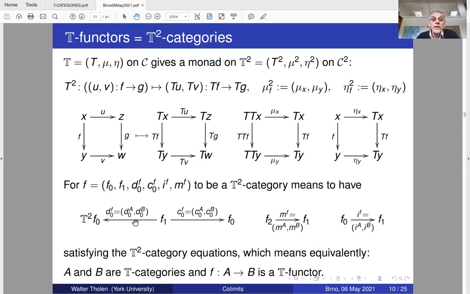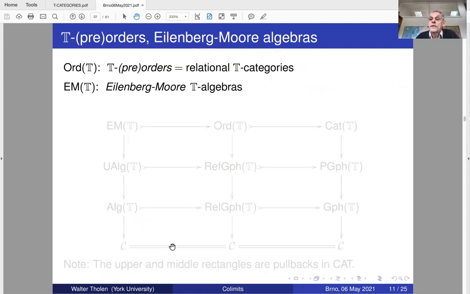And if you read all the equations and conditions component-wise, then they will tell you that A, arising from the domain, and B, arising from the codomain, have to be T categories, plus F has to be a T functor. So there wasn't really a need to introduce anything new. Once you say what a T category is, you have already said what a T functor is.